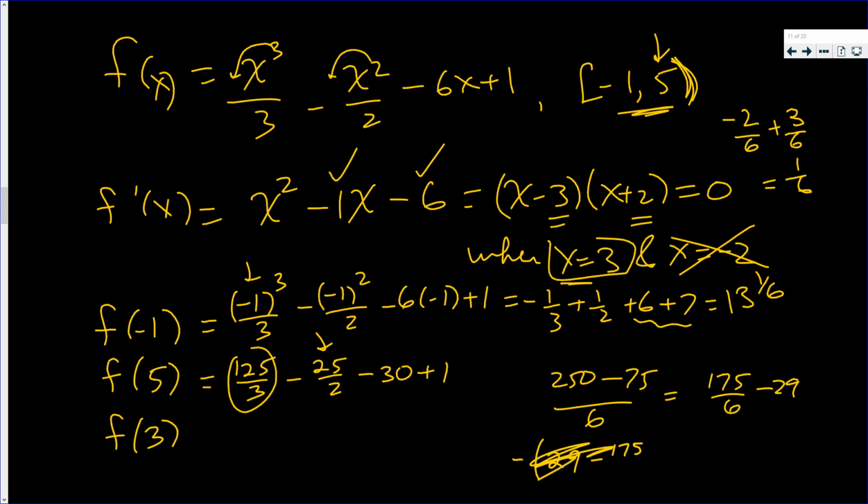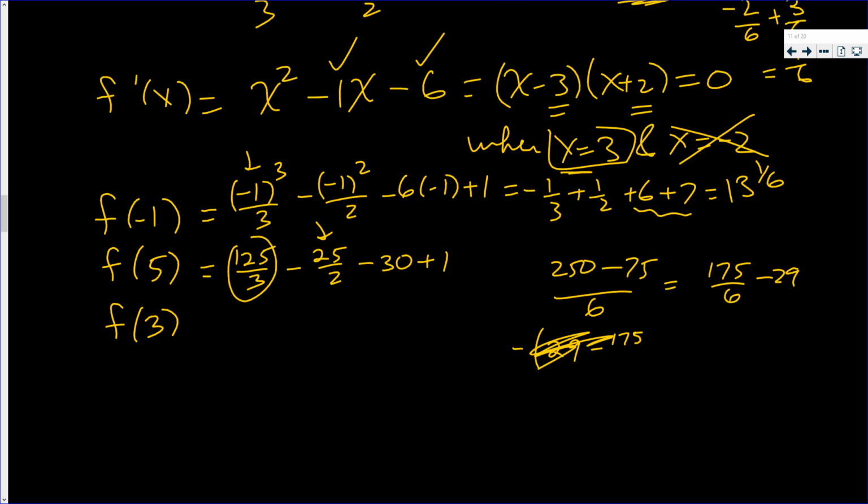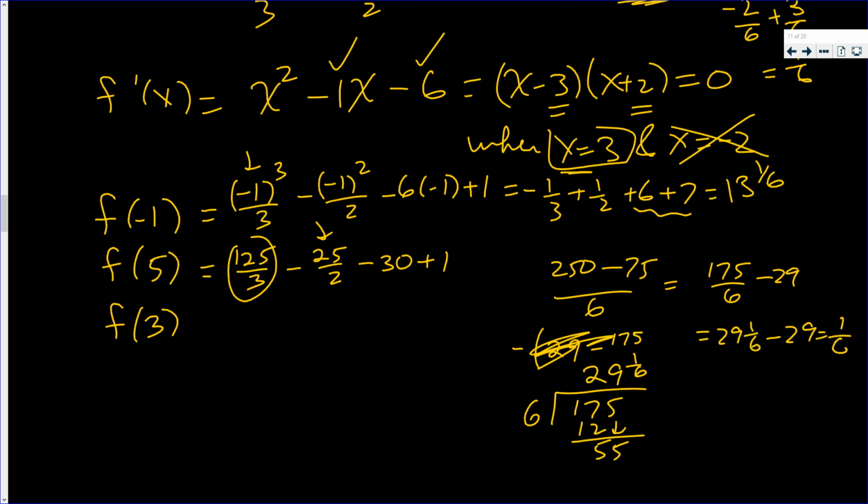Well, you know what? Let us figure out what 175 divided by 6 is. 6 into 175, it goes 2 times. With 5 left over, bring down the 5. Goes 9 times, that's 54, with 1/6 left over. Very good. So it's 29 and 1/6 minus 29. We just get 1/6.